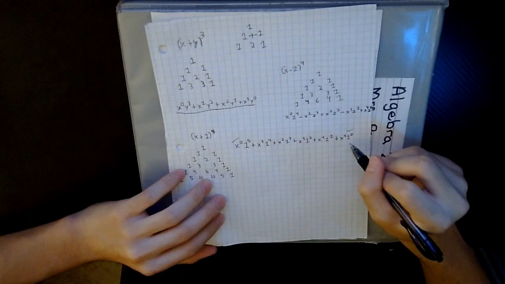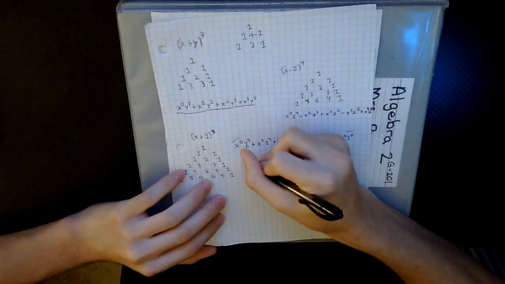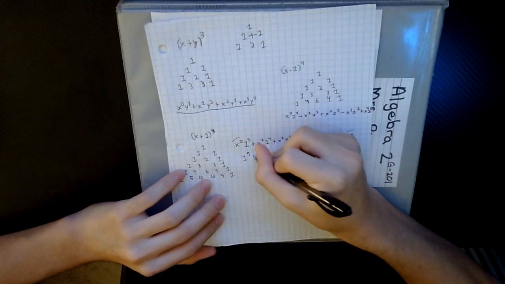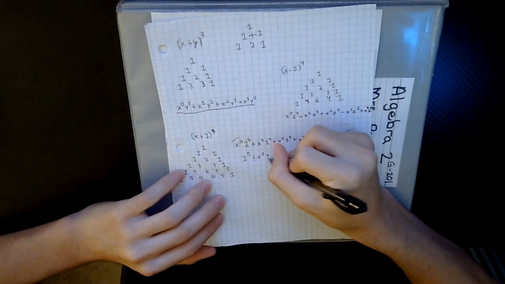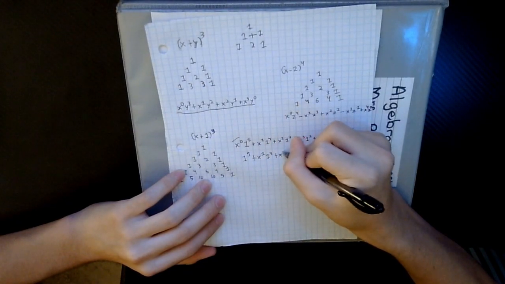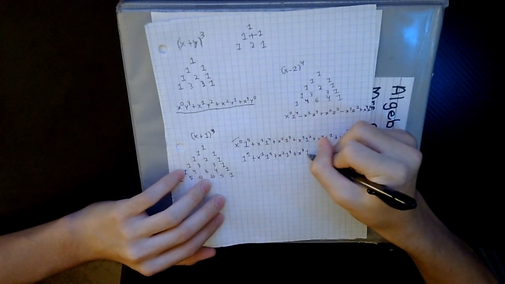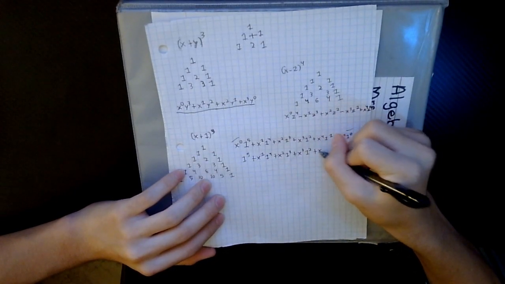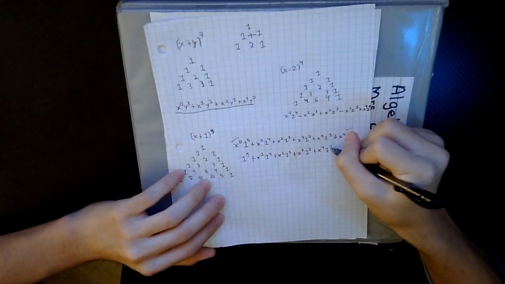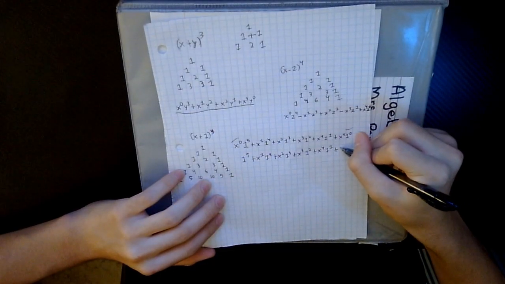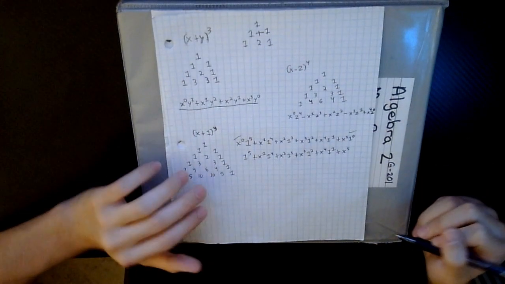Same with the one at the end, the 1 to the power of 0. So really this would just be 1 to the power 5 plus x1, 1, 4 plus x2, 1, 3 plus x3, 1, 2 plus x4, 1, 1 plus just x5.